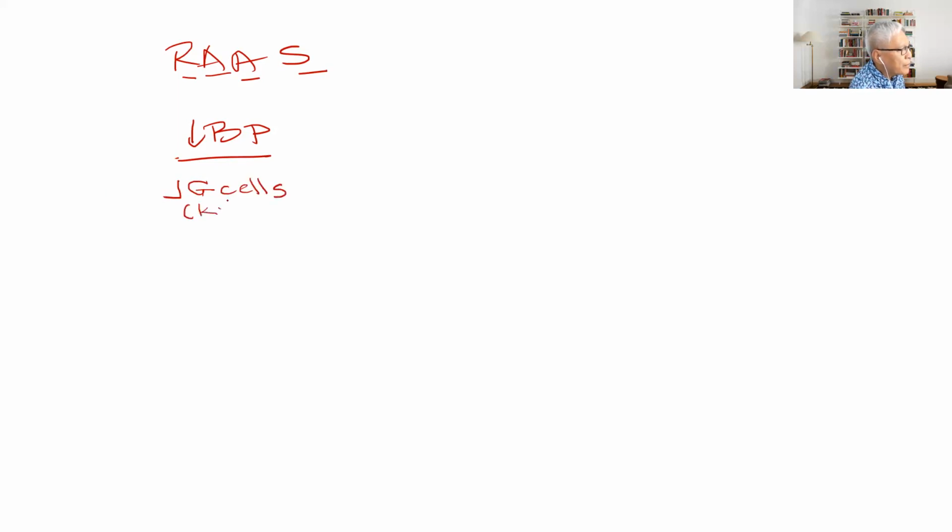So if you remember, when we have a decrease in blood pressure, one of the compensatory mechanisms is what is known as the RAS, the activation of the renin-angiotensin-aldosterone system. When we have a decrease in blood pressure, this is sensed by the JG cells, the juxtaglomerular apparatus of the kidney, and they release a substance called renin.